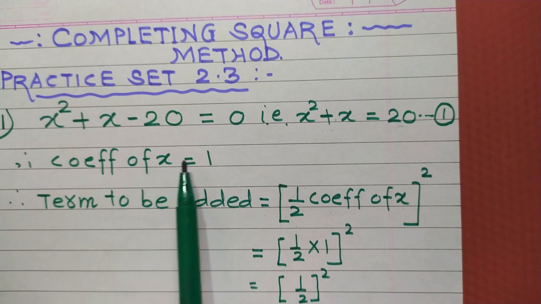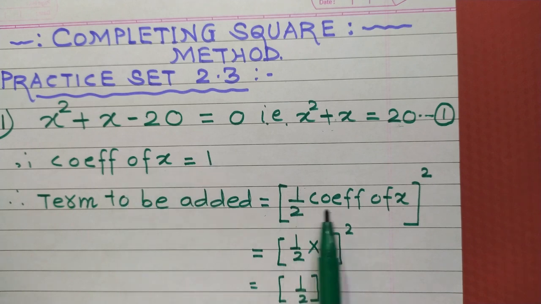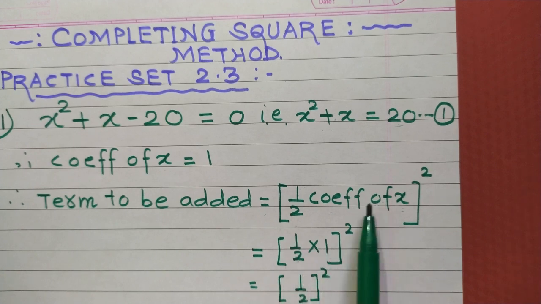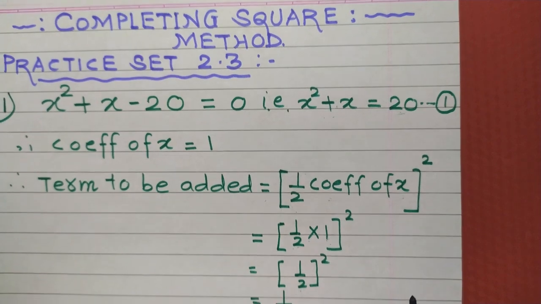The coefficient of x, which is 1. So half into 1, whole square. Half multiplied by 1 gives us half. And what is the square of half? Square of 1 is 1, square of 2 is 4. So it will be 1 upon 4.